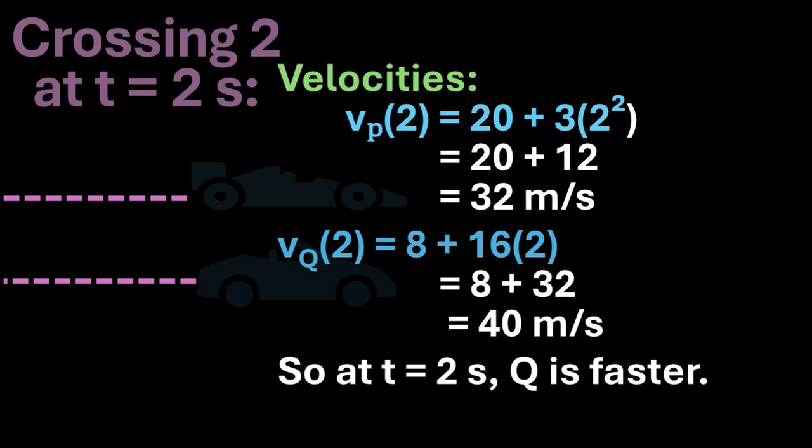Statement number two: at the third crossing, Q travels faster. Statement number three: after the third crossing, Q leads P forever. And then we are asked to pick the correct statements A, B, C, D, and E. Well, we never know, right? So that's the kind of extrapolation from the given question that I'm trying to do here.